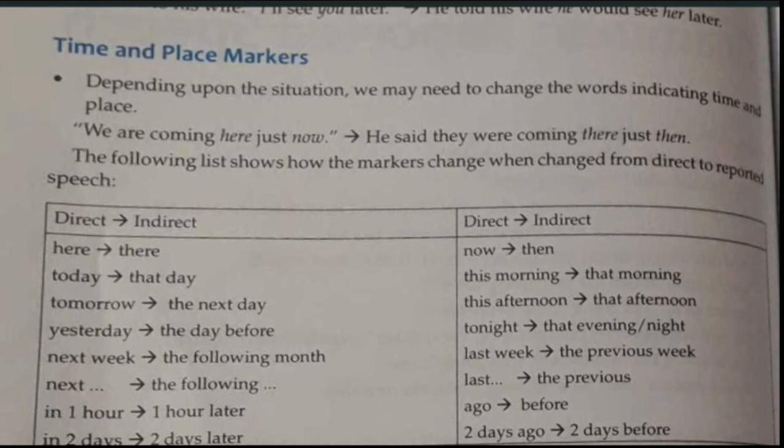Now we are going to see the tenses. Already from your schooling, you are learning the present tense, past tense, and future tense. And again, they are divided into 4 different tenses. If it is present tense: simple present, present continuous, present perfect, present perfect continuous. Then if it is past tense: simple past, past continuous, past perfect, past perfect continuous.